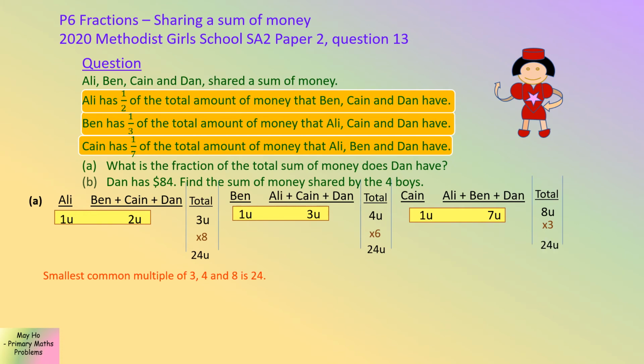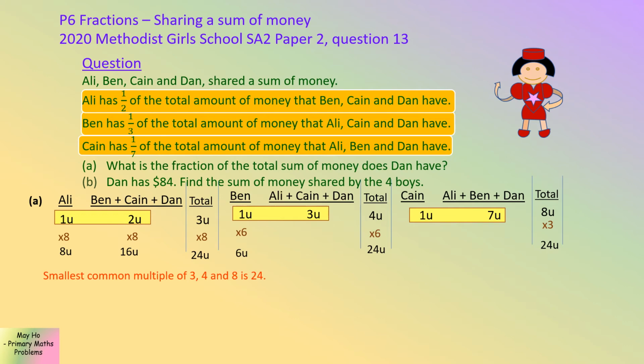So now we will work out the individual child. For the information from the second statement, Ali now will be 1 unit times 8 equals to 8 units. The other 3 boys, 2 units times 8 equals to 16 units. From the ratio in statement number 3, Ben now will be 1 unit times 6 equals to 6 units.